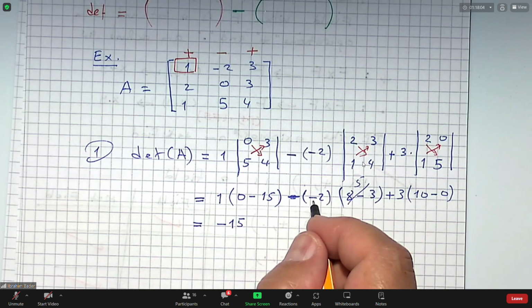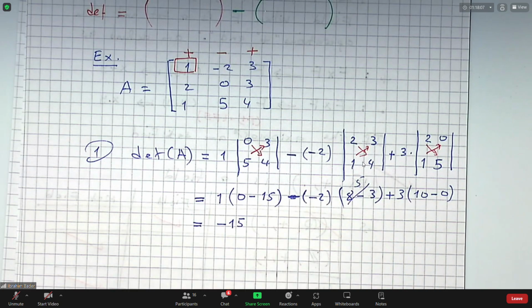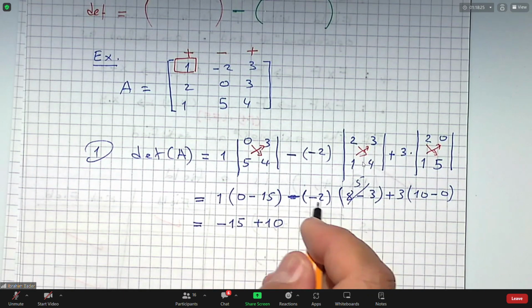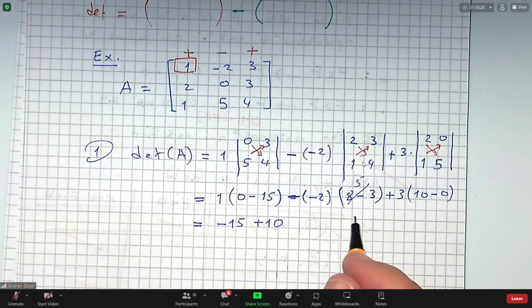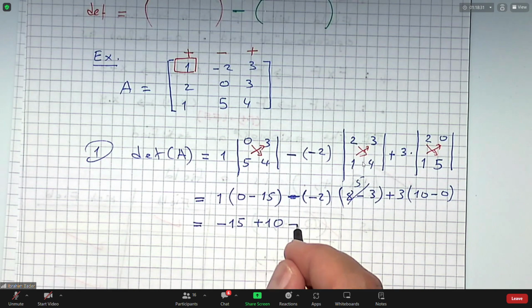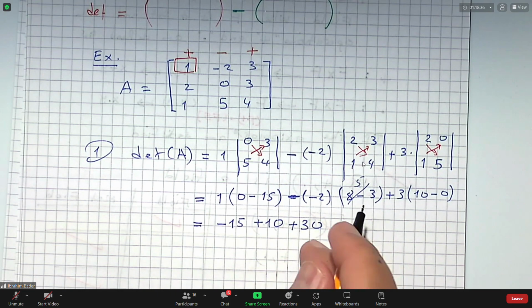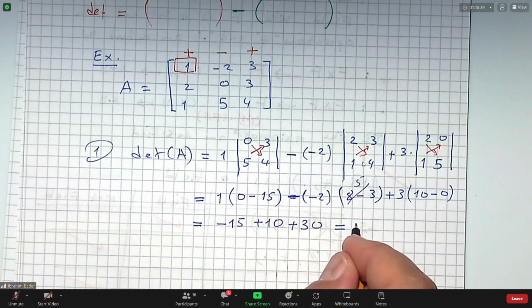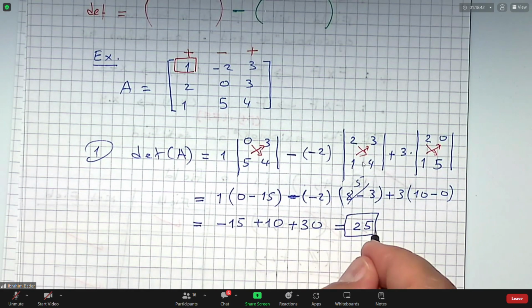Then you have negative, negative, positive, so you have a positive, and you get plus 10. Negative 10 times negative gives plus 10, and then this one here will give me another 30. So 40 minus 15 is 25. So this is the answer using this method.